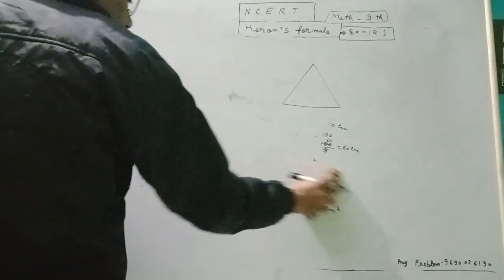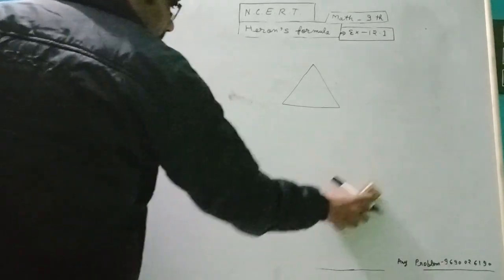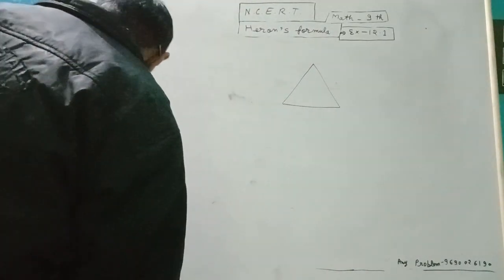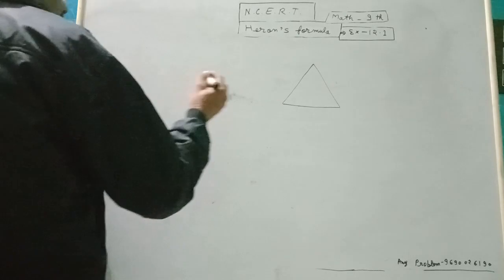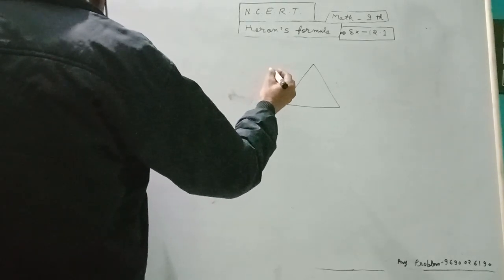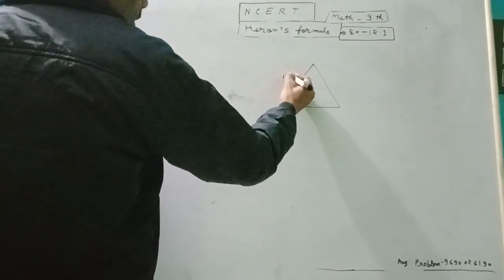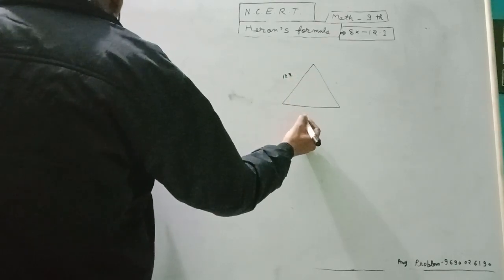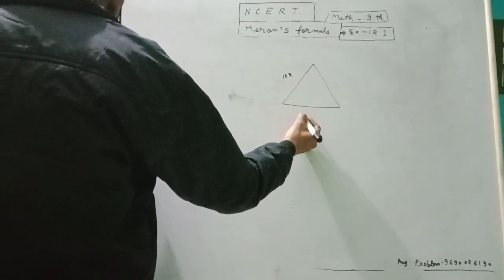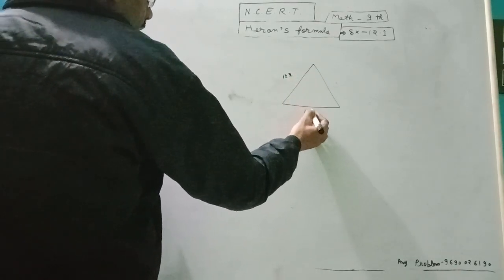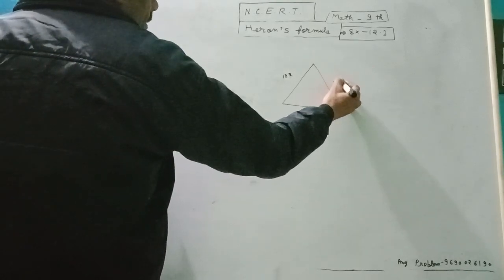a rectangular wall whose sides are 122, 22 and 120.